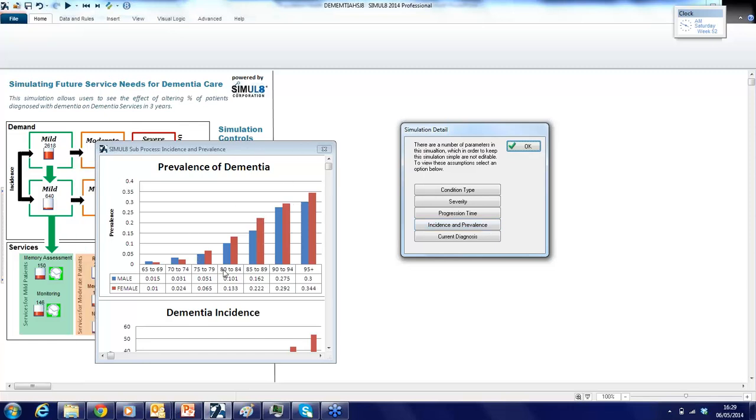We're looking at incidence and prevalence here of dementia, and again this is all from nationally published data, and we're also looking at current diagnosis.